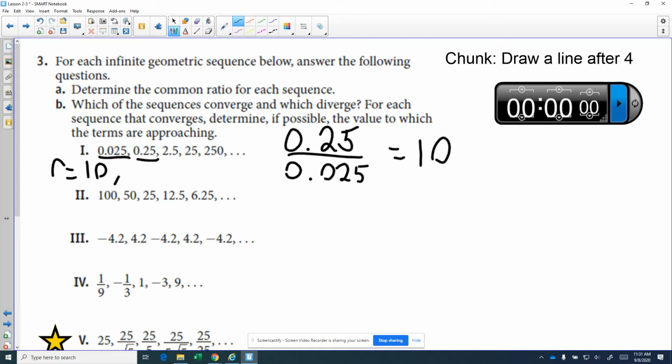The next thing we want to discuss is how this affects the problem. Notice how as I go along here, the values keep increasing and increasing. If I continue on with that ratio, there's really no end in sight, right? It's going to be 2,500, then 25,000, then 250,000, because all I'm doing is multiplying by 10 each time.